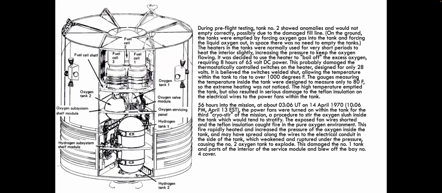So the team, including Jim Lovell, multiple engineers talked about this and said, all right, what should we do? It's stuck, we can't empty it. And they said, yeah, here's a great idea. Let's just let it run, and it'll empty, and that'll be no problem. It was a very good solution. It was perfectly rational. Now, what they did not notice or realize was that the voltage on the power had changed.